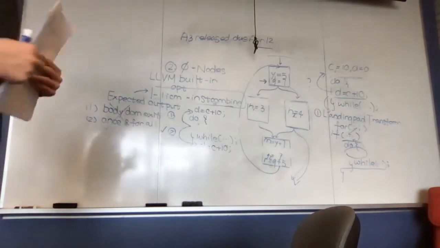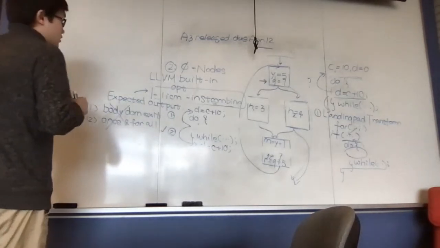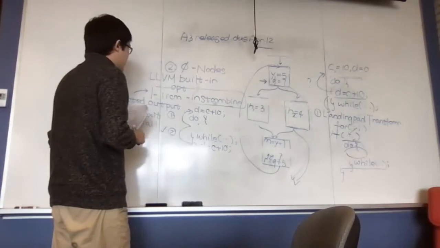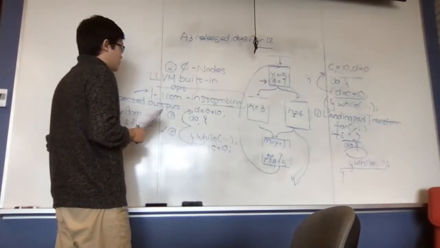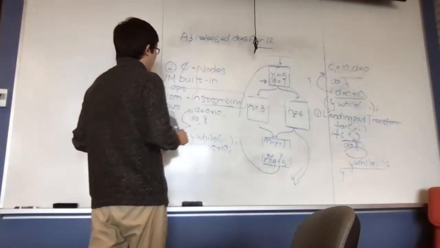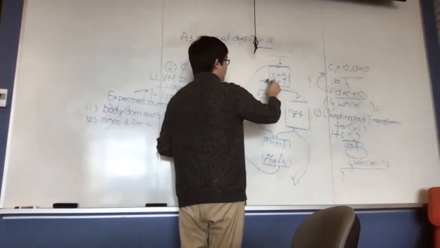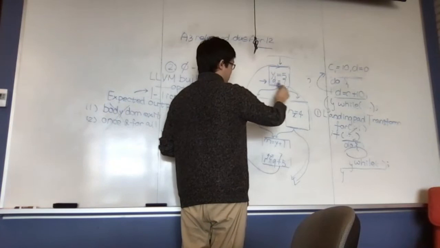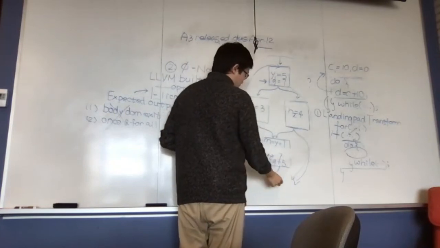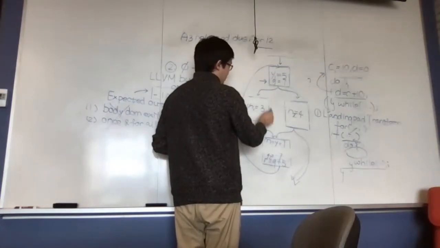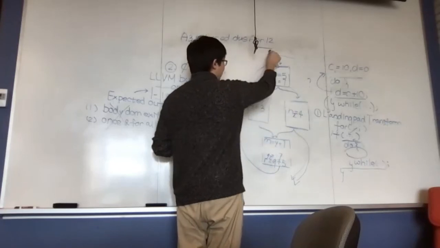Yes, that's right, exactly. As you experiment with the LLVM built-in optimizer, you will see how it sinks those two instructions to the loop exit, while it moves all the other loop invariant instructions to the pre-header.